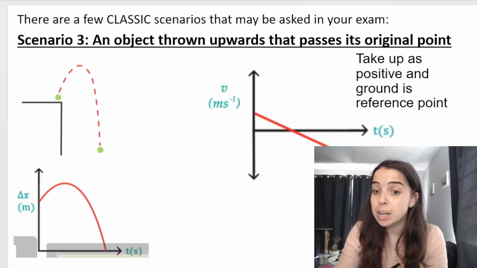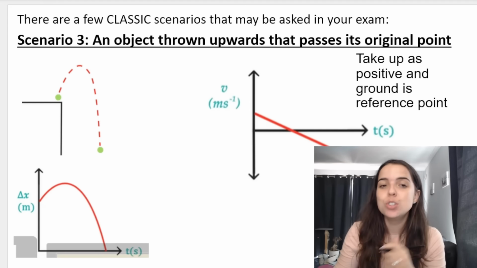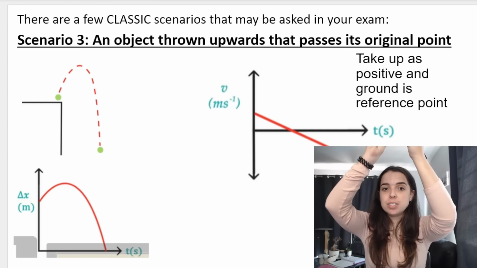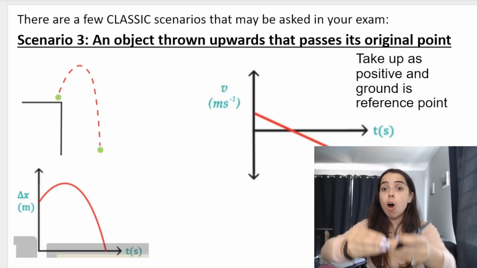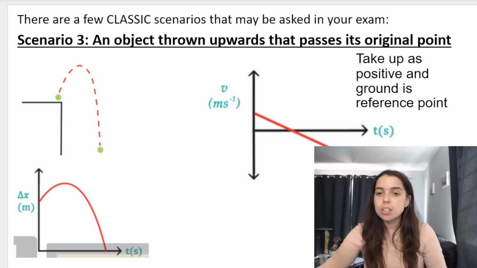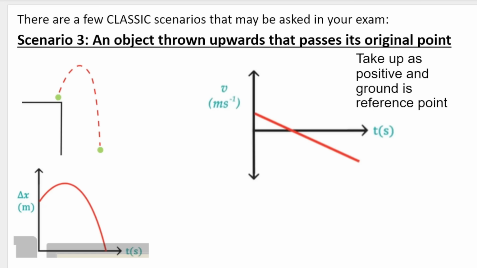The scenario that I'm talking about is this one. We're throwing an object upwards, it comes back down, but then it passes that original starting point. So think of it as you're standing on a building, something like this. You're throwing an object upwards, and then it comes back down and it passes that original starting point.